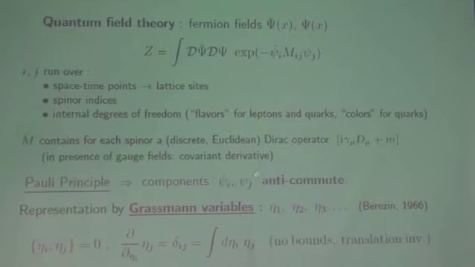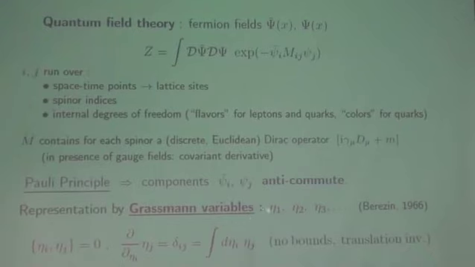And now we have to do justice to the Pauli principle. In the canonical formulation, this is done by operators which anti-commute. Here, the whole idea of the functional integral was to get rid of these operators from the beginning. We only have field variables, so to still do justice to that, we need field variables that anti-commute themselves, and this is done by Grassmann variables.